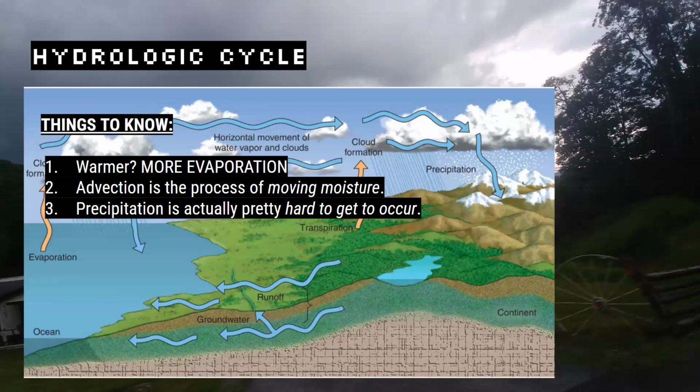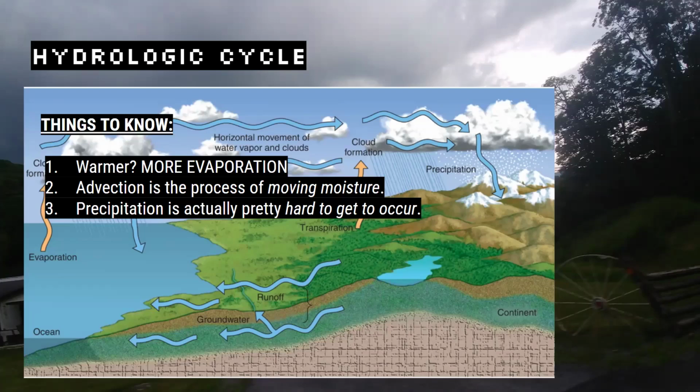And if the water is warmer, we're going to have more evaporation. Doesn't that kind of make sense? At a fundamental level, it should. And then advection, in case you don't know what that is, that's just a process of moving moisture. And precipitation, although it occurs a lot, is actually pretty hard to get to occur mathematically.